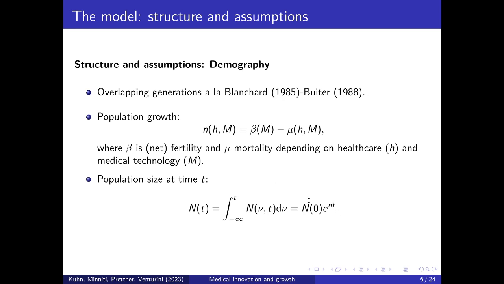Now, the population growth rate, mortality, and so on, they always depend on these variables here. But from now on, I suppress the arguments in the function if there is no problem of mixing things up and if this does not cause any confusion.